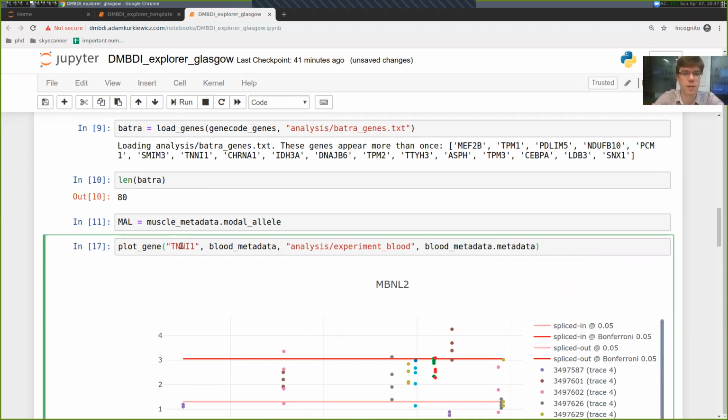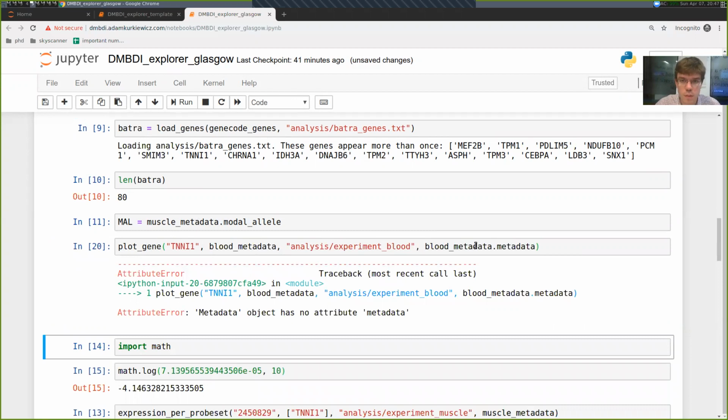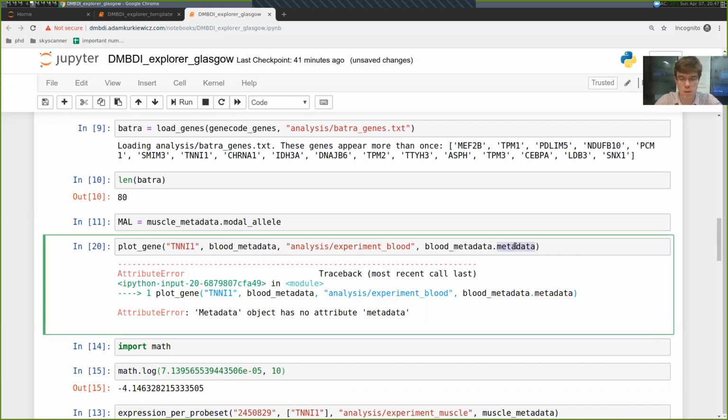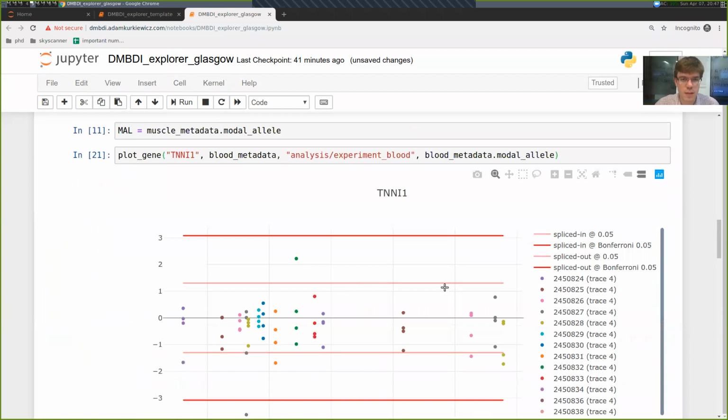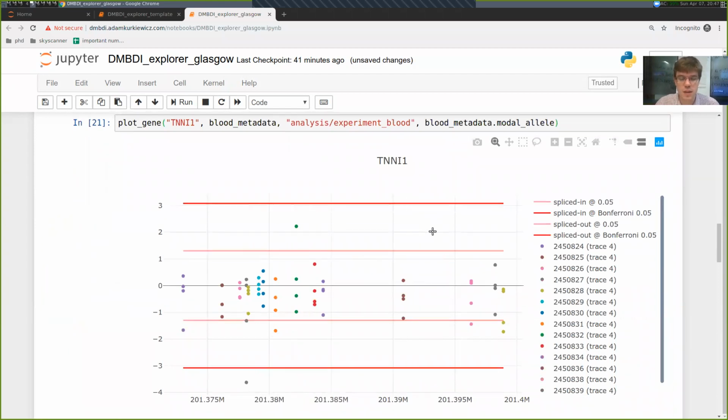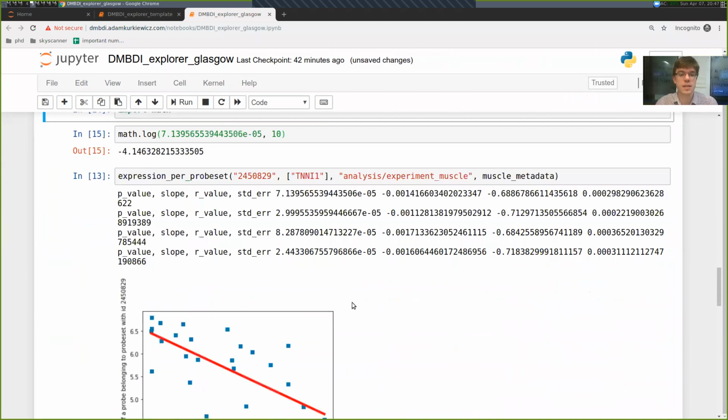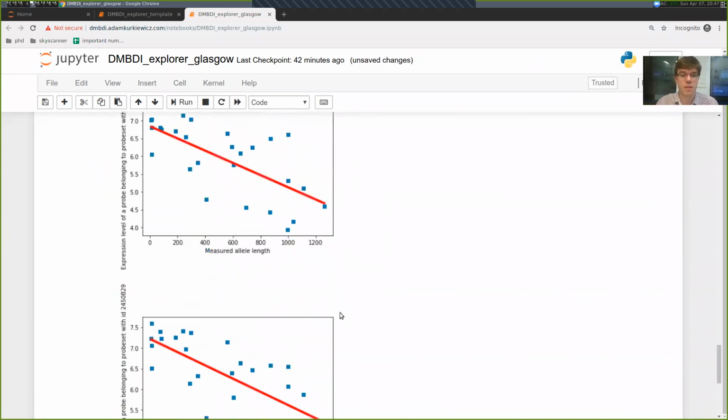Like this, for example. Sorry, model LU, there we go. So that doesn't give us as much signal, the primary reason being that TNNI1 is not really expressed in blood. Okay, that's everything I've got to say for now, and thank you for listening.